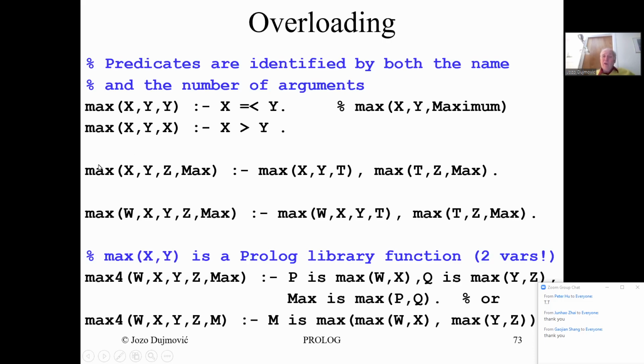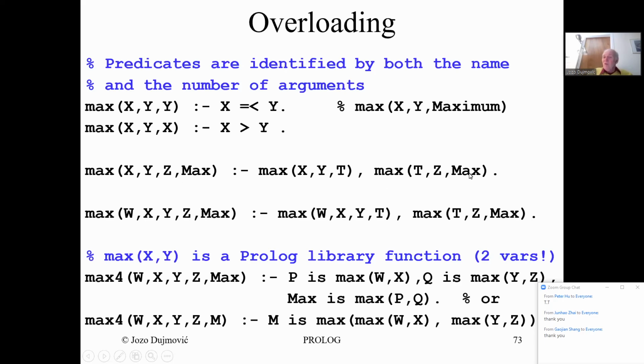Now, we can call maximum of three values, X, Y, Z, the same way, the same name, max. But this program is different from this here because it has three variables. So this is a different program. So you can say maximum of three variables is obtained by computing maximum of two variables, X and Y, and storing that in this temporary location T. And then when you have this T, find maximum of T and Z, which is the third variable.